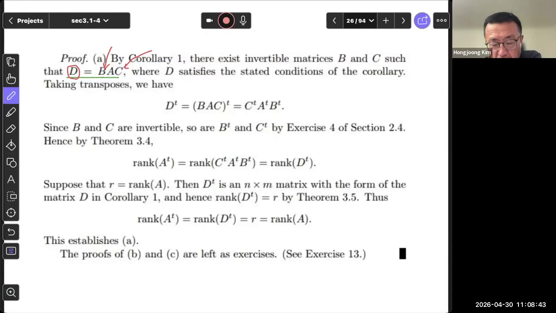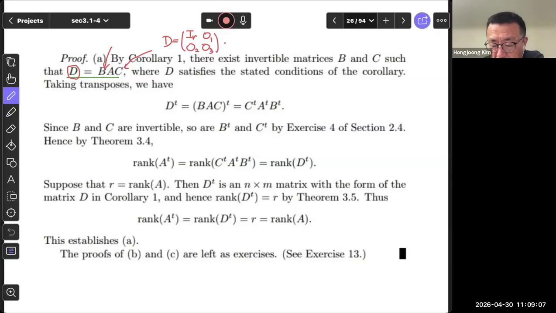Now, what is the shape of D? D consists of I sub R, the identity matrix, and then 0, 0, 0. Of course, they are all zeros.